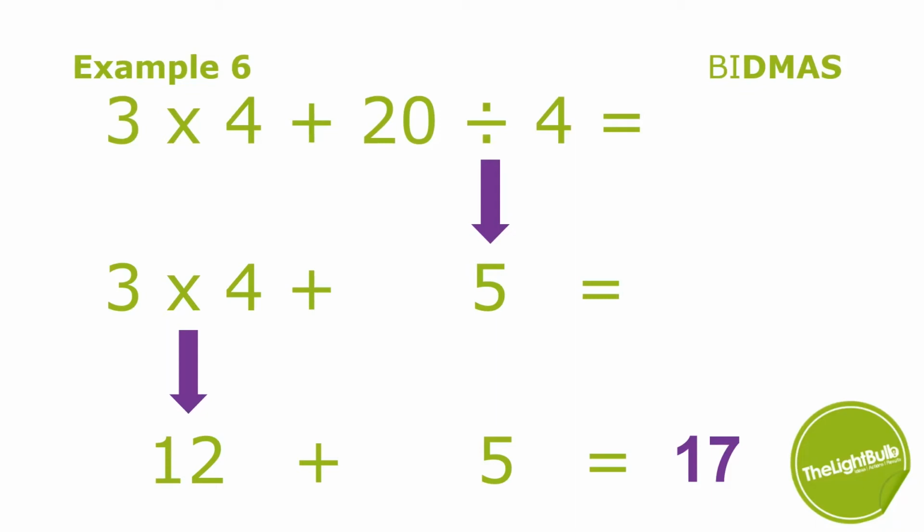Other mathematicians might be from a country where they read right to left, and so they come up with a different answer. So the reason for the existence of BIDMAS is to establish an order that everyone in the mathematical community can use to ensure that there's always a consistency in our answers, and always we end up with the same answer.